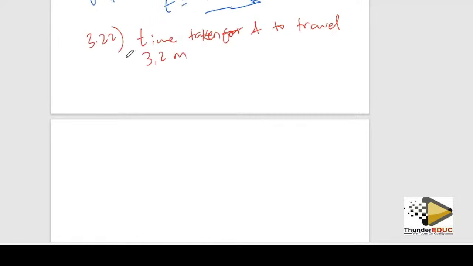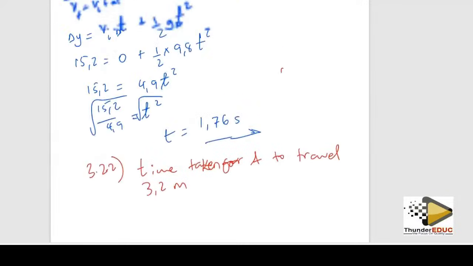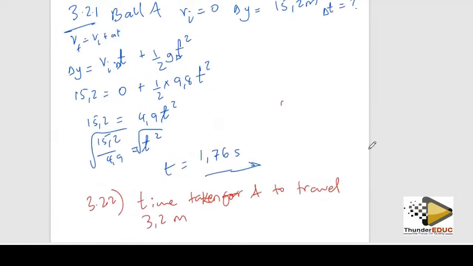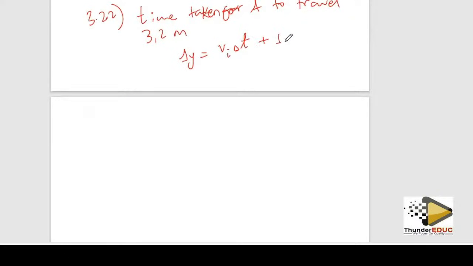Okay, so I can still use the same formula of delta y equals v initial delta t plus a half delta t squared multiplied by g. Where there's delta y, I'll have my 3.2.